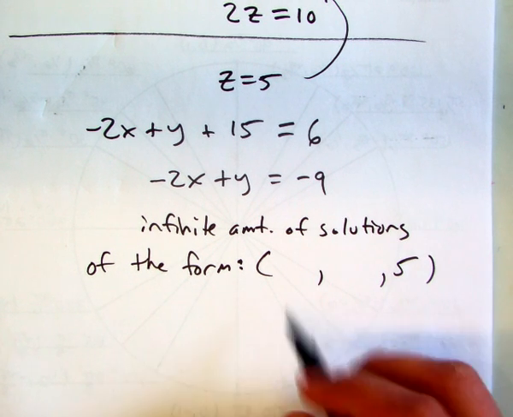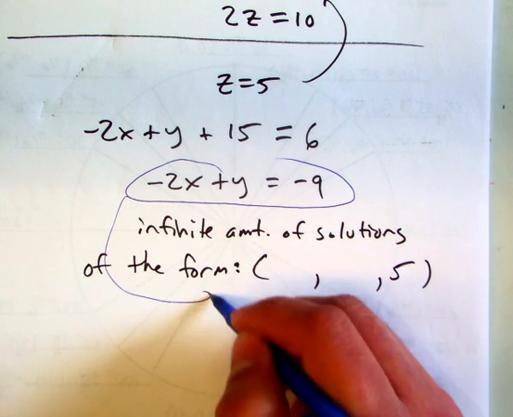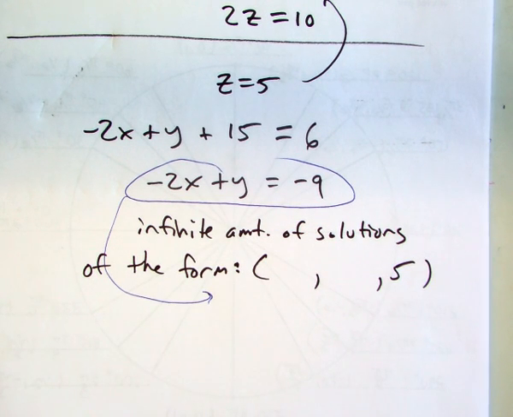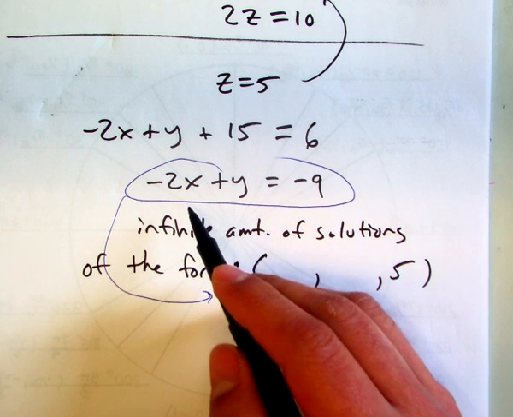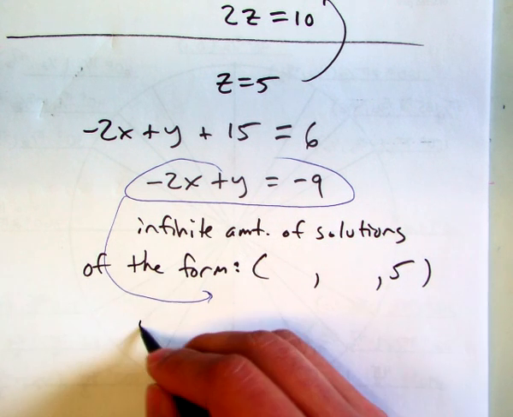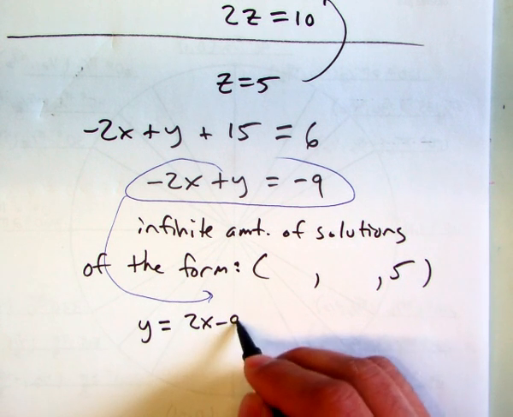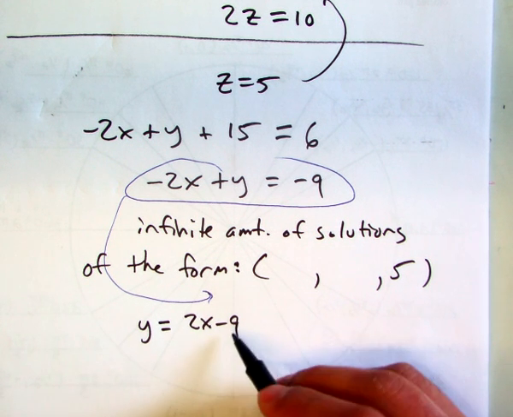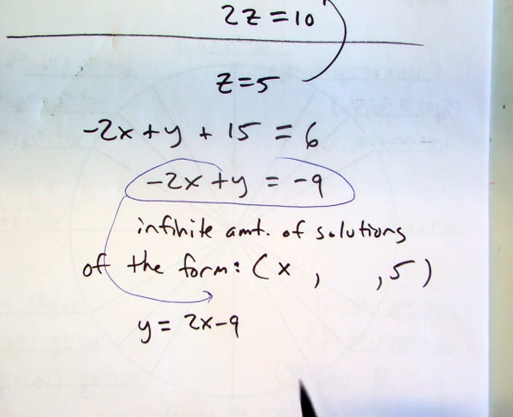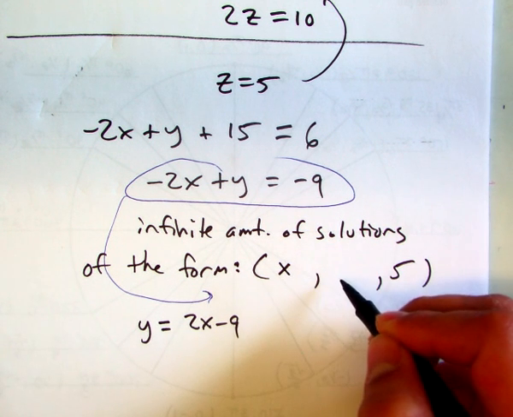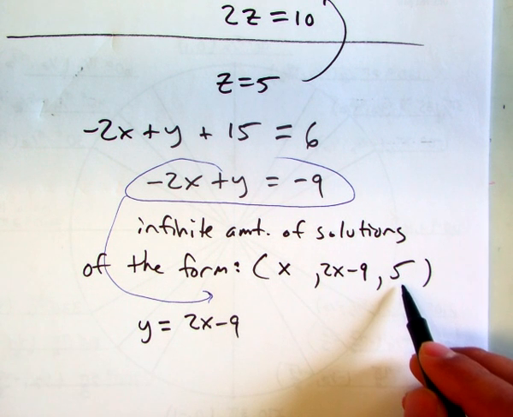And now this equation is what produces the fact that there's infinitely many answers because I can pick a lot of numbers for x to get y. Let's solve for y. What's y? 2x minus 9. So what this means then is that for any x, see how I'm sticking with that idea? For any x, what would y be? 2x minus 9. And then no matter what x or y are, z is always 5.